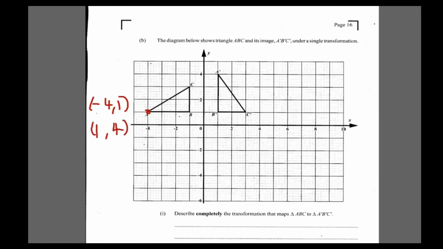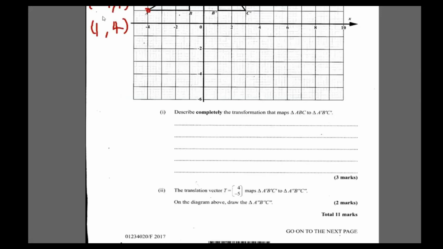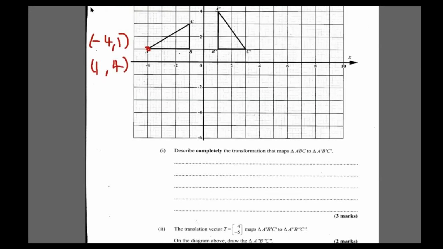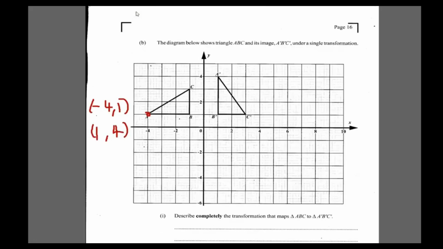Now, there's an easy way to find out which rotation it is using the rotation matrix. It's just so easy.